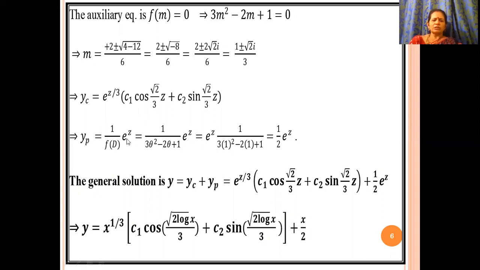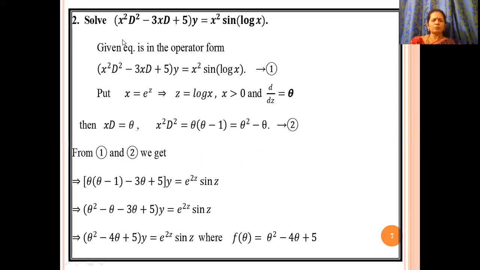So here in e power a z, the a value is 1. If you substitute the a value in place of theta and we get 0, then we should not substitute. If we do not get 0, then we can directly substitute and find that value. Here we are not getting 0, that is why we substituted. Then we get yp. After getting yp, write down the general solution yc plus yp.